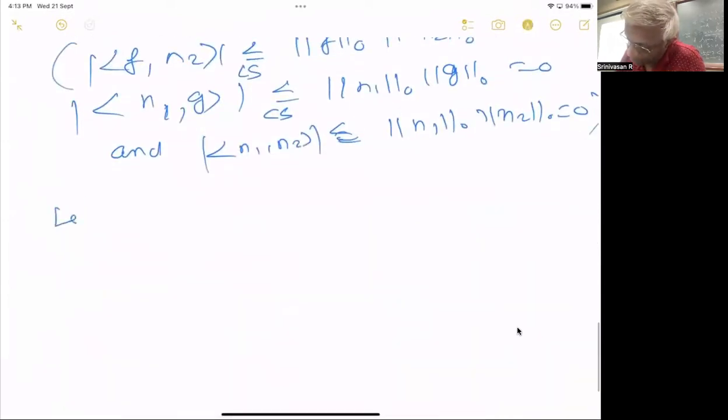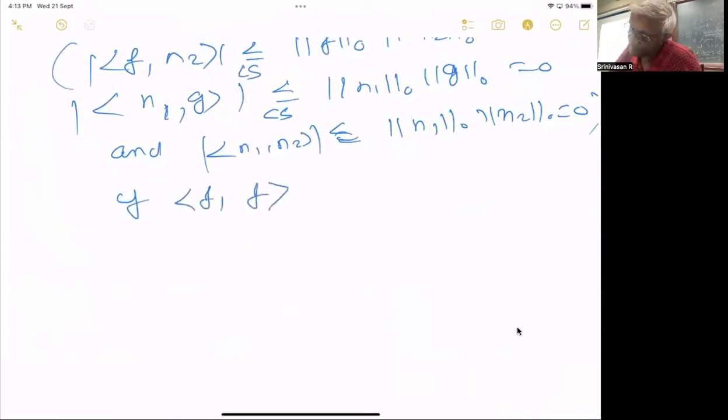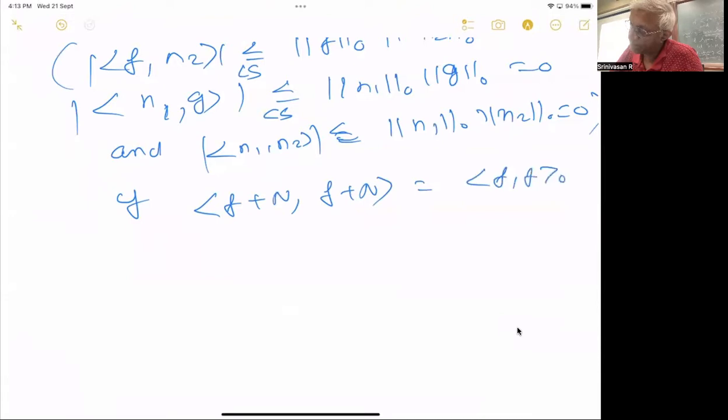Now, positivity is clear, of course. If the inner product of f plus N with f plus N, which is equal to the norm of f naught, is equal to 0, this implies f is in N. The zero element in the quotient space is N. So this is positivity.